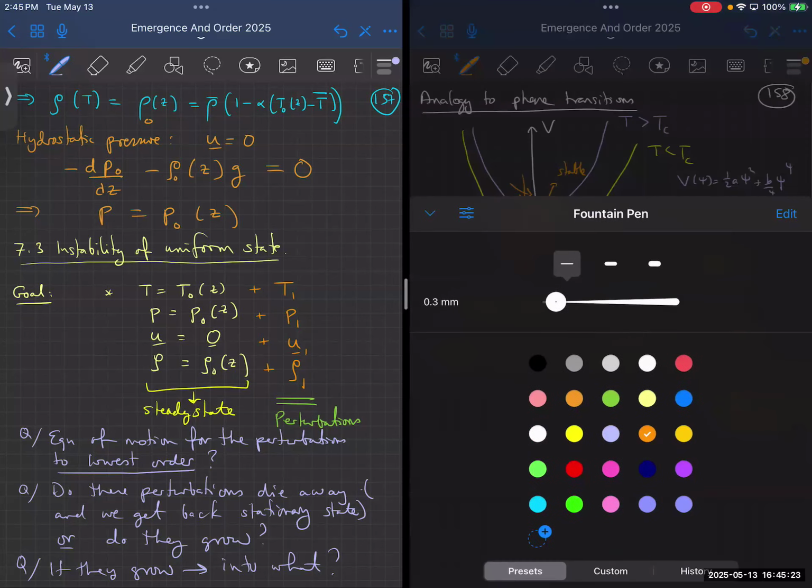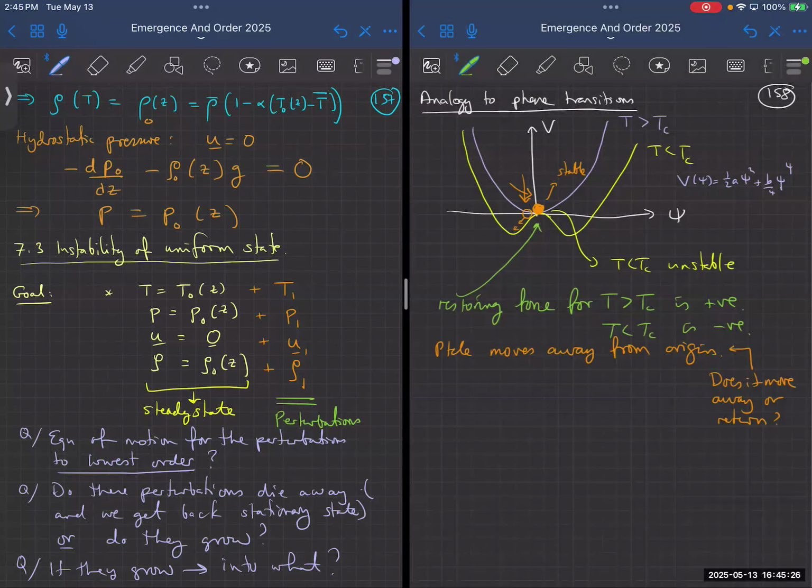Now, the next question, the final question, is, what is it unstable to? And we know in statistical mechanics what the answer is. What happens is that as time goes to infinity, the system for t less than Tc ends up at either this minimum or this one.